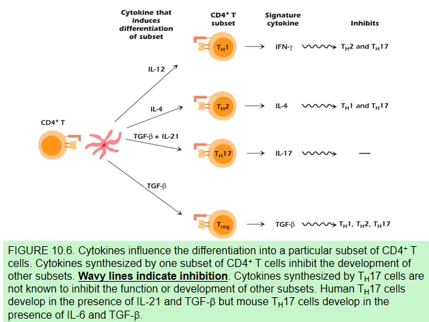So you can see, for example, if you have IL-12, this will differentiate into Th1. And if you have IL-4, it will differentiate into Th2. If you put TGF-beta and IL-21, it's going to become Th17, and then TGF-beta is required for T regulatory cells. So this is how it goes.